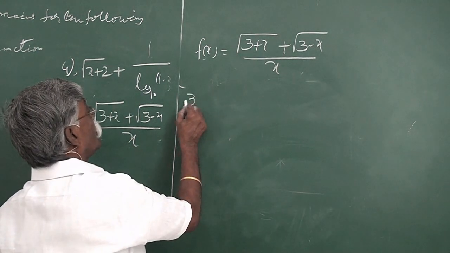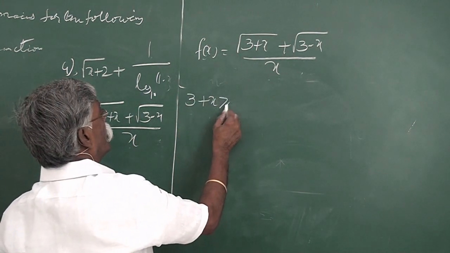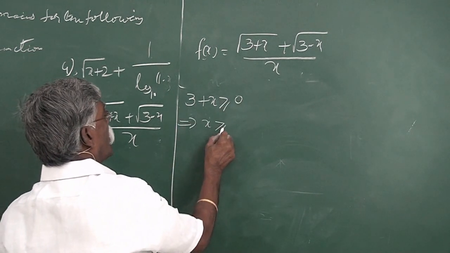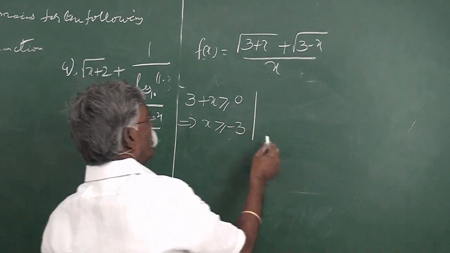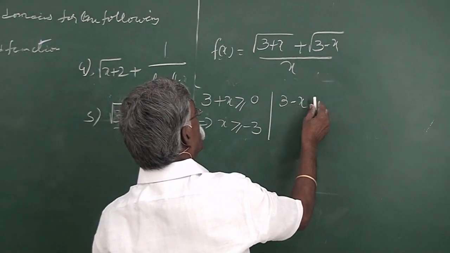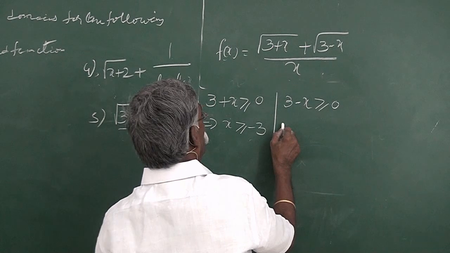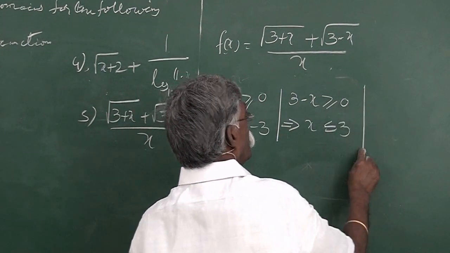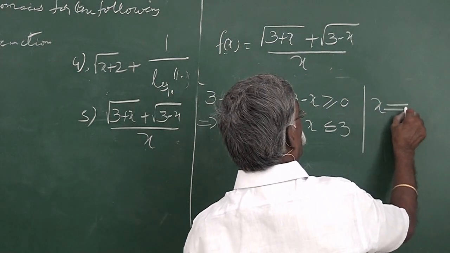So first one is 3 plus x is greater than or equal to 0. This implies x is greater than or equal to minus 3. The second one, 3 minus x greater than or equal to 0. This implies x less than or equal to 3. And x is in the denominator, it cannot be 0.